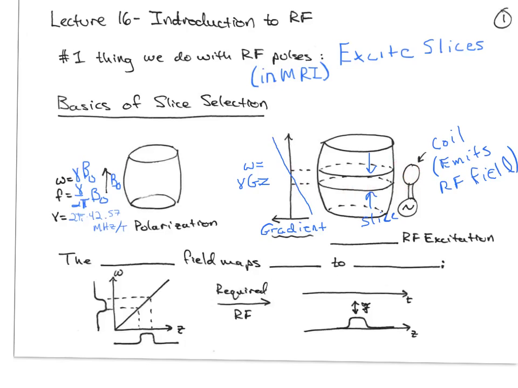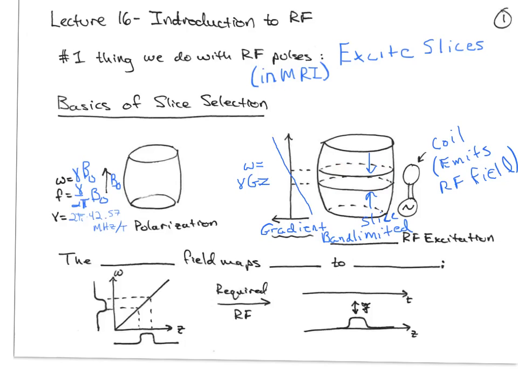And if we play out in the RF coil a band-limited pulse, then only the magnetization with precession frequencies inside the range of the bandwidth of the pulse are going to be excited.